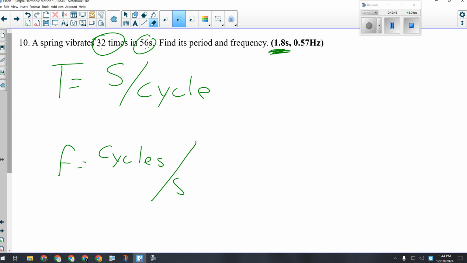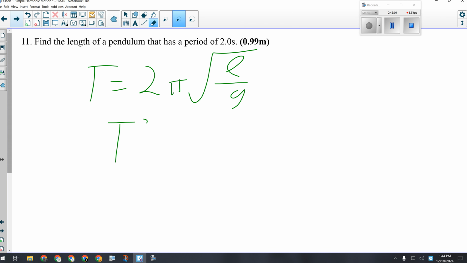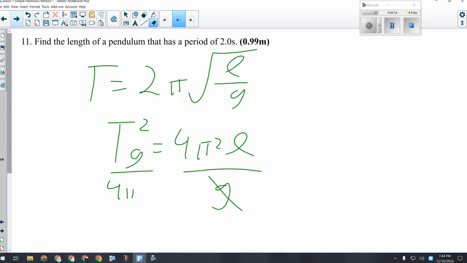11? Okay, length of a pendulum that has a period of 2 seconds. We're assuming this is on Earth at 9.81. So period equals 2 pi root L over g. Square everything: T squared equals 4 pi squared L over g. We're looking for L, so we multiply both sides by g and divide both sides by 4 pi squared.